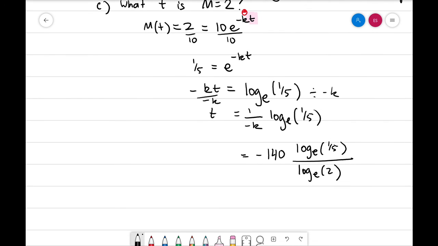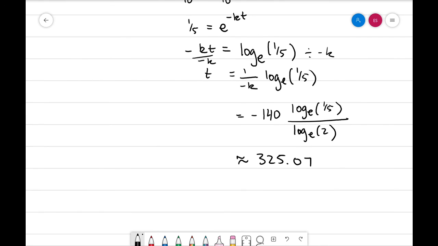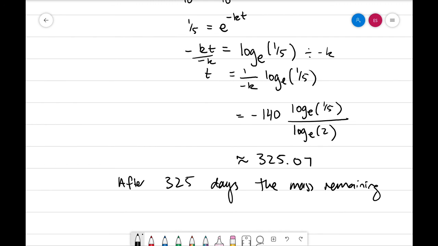Chuck it in your calculator now, and that'll give you 325 and about 0.7. So what that's saying is, after 325 days, the mass remaining is 2 grams. I should say approximately here as well.